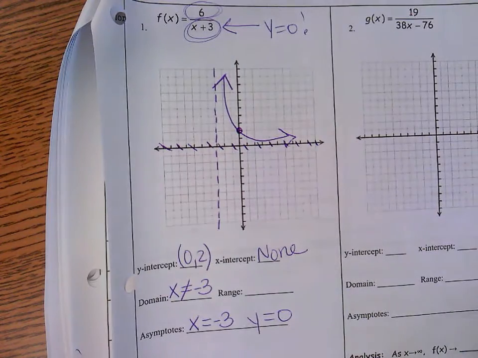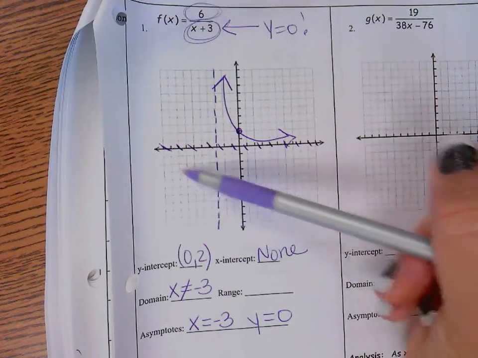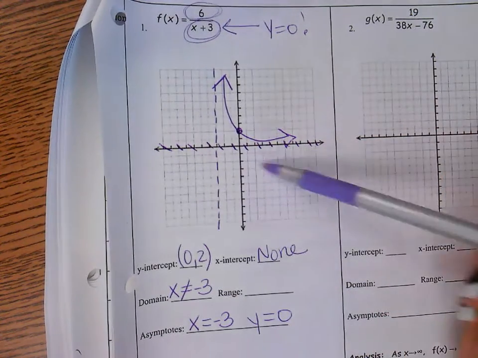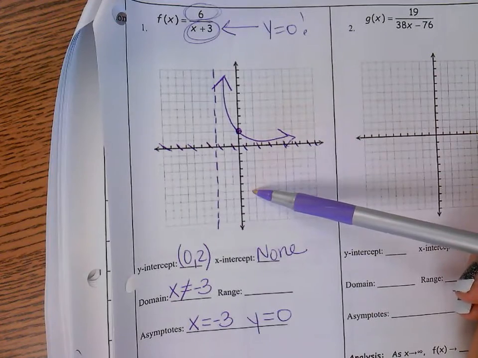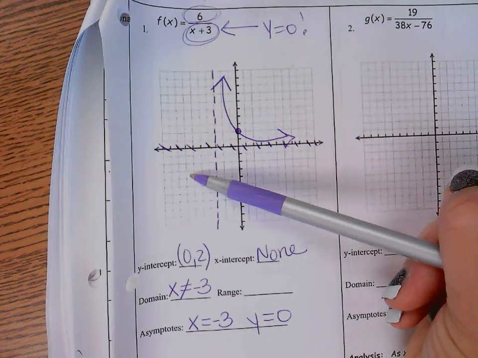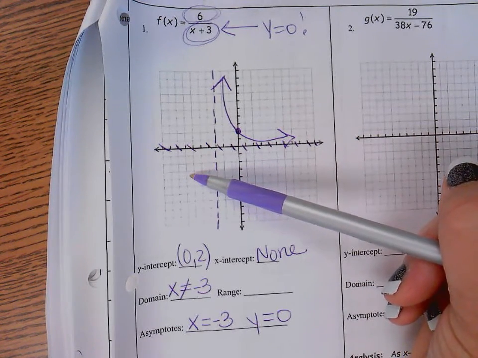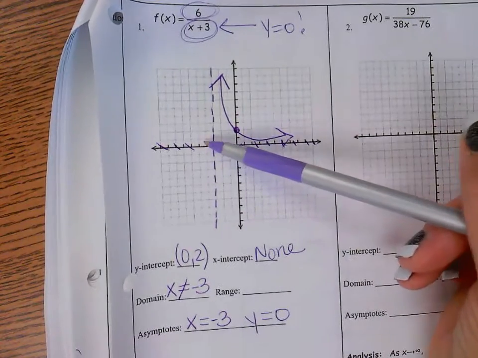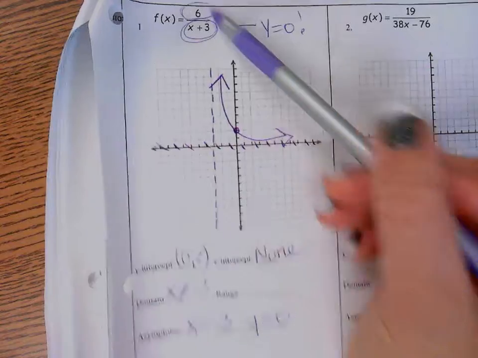The elbow could either be over here or down below the axis, but it cannot be over here because that would be directly underneath that part of the graph. So to figure out which region your elbow is in, we have to plug in a value for x and get another coordinate. So I would plug in -4 because that's to the left of the asymptote and see what you get in this function.